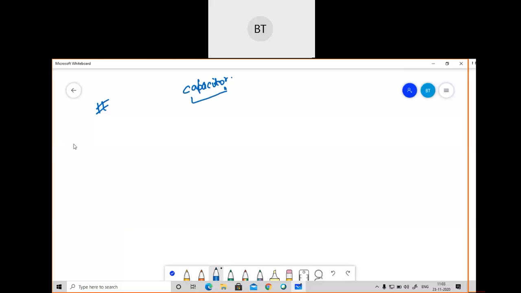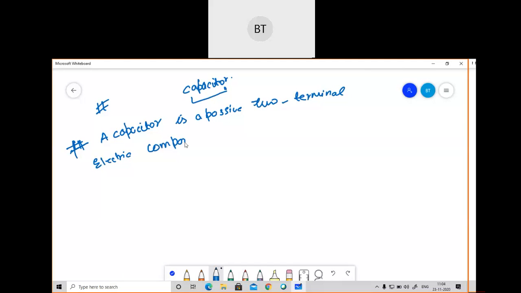So if I write a definition of a capacitor here: a capacitor is a passive two-terminal electric component which is used to store energy.